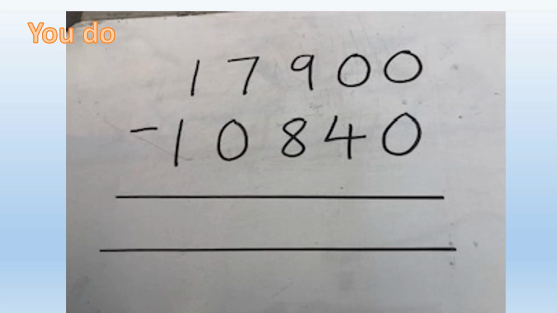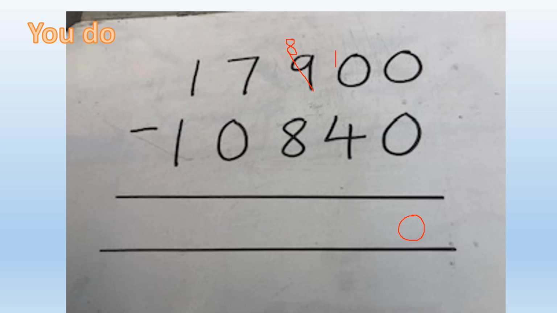Okay, let's go through the answers together, starting from the units column. 0 take away 0 is 0. Now, let's look at the tens column. 0 take away 4 we cannot do. We need to do the top number take away bottom number. So we now need to look to the hundreds column and exchange 100 for 10 tens, which we can indicate there, and we will now be left with 800 instead here.